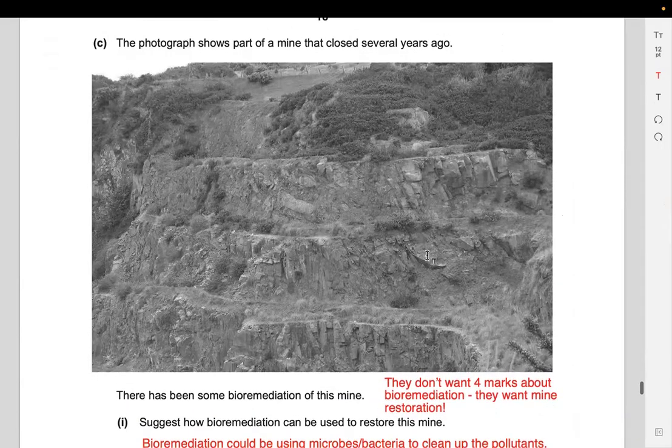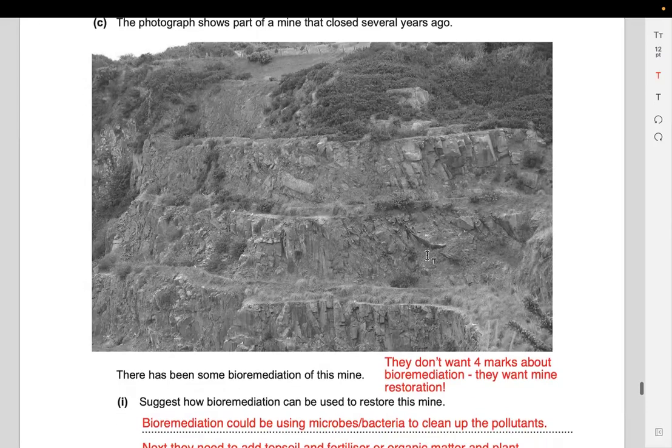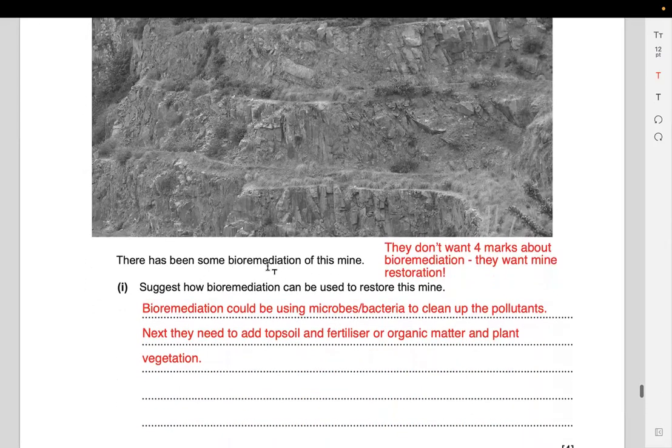Another annoying question. This is a mine that's closed several years ago. There has been some bioremediation. That's nice. Suggest how bioremediation can be used to restore the mine. Now, this is the second time I have seen a question exactly like this and thought, how can you get 4 marks for talking about bioremediation, which is basically using microbes or bacteria to take the pollutants out of the ground, okay?